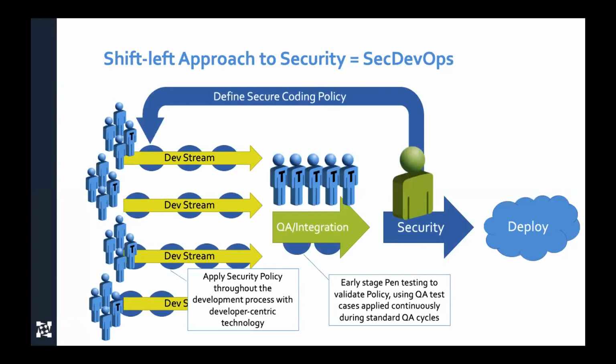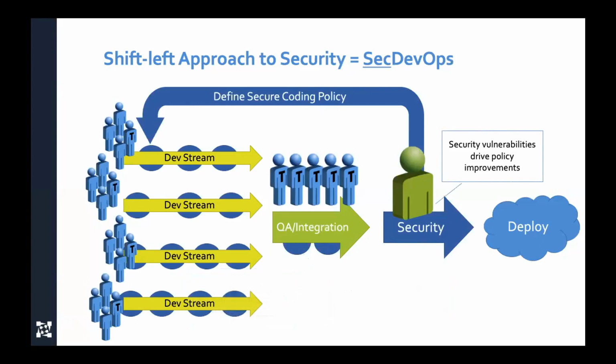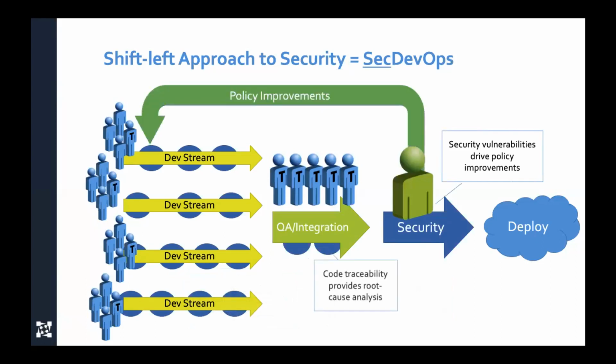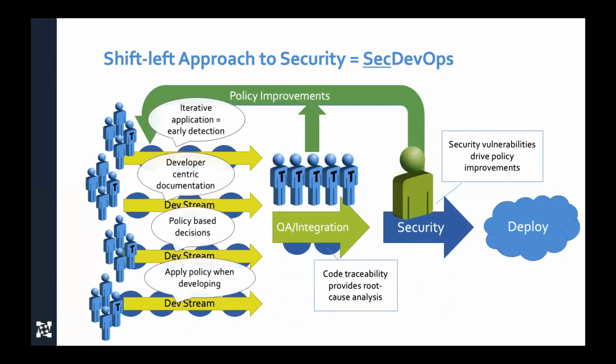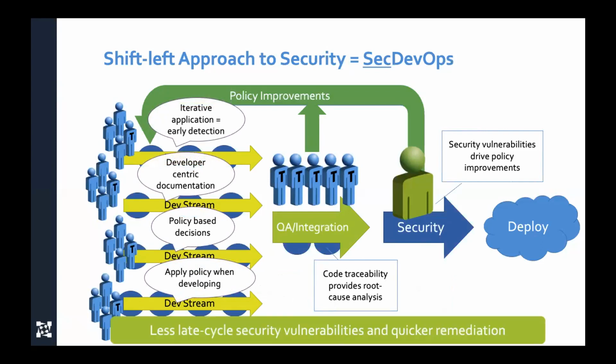Now, of course, we are still going to find some security vulnerabilities before deployment. But rather than using these as the last point in the process, use those again to actually improve the process. So use those security vulnerabilities, along with root cause analysis that we can leverage as part of our QA and integration process, to improve the software development process from the start.